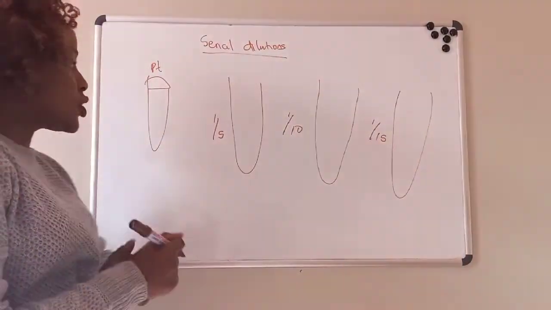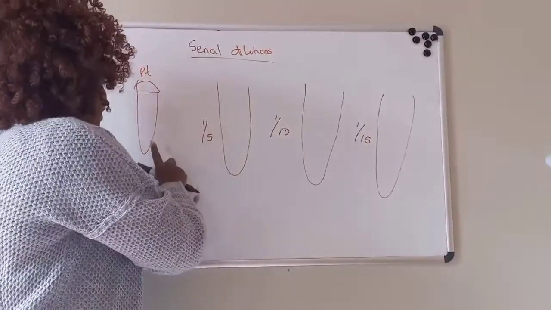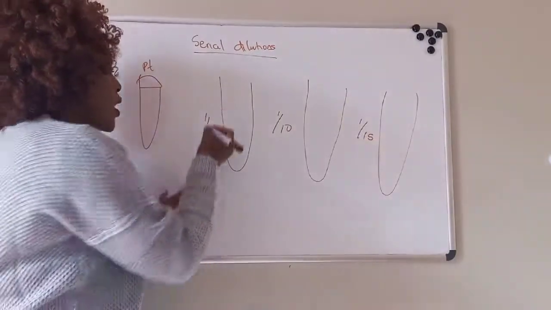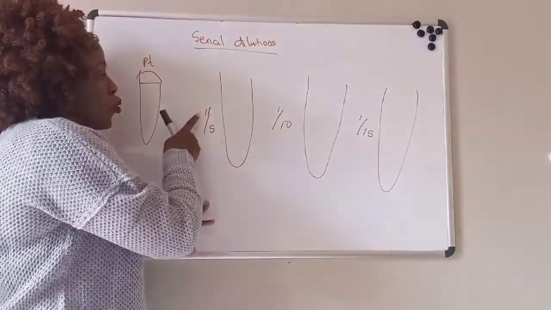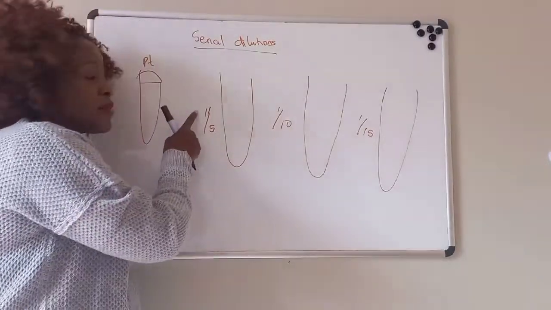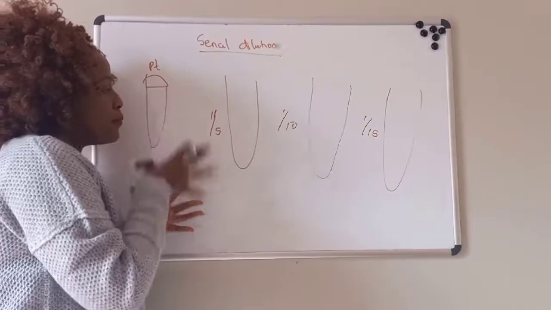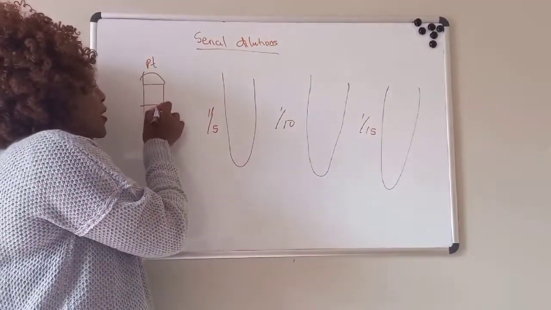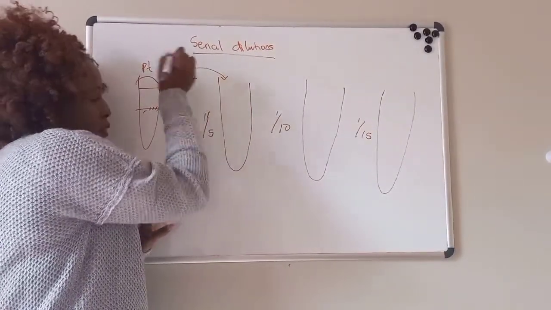So the first dilution that you are going to do will be a 1 in 5, whereby you will have to take your solute from the patient's serum. So to do a 1 in 5, we know that my serum has to be 1 part. So let's say you're going to use 1 ml of your serum. So from your patient's serum, you are going to take 1 ml.